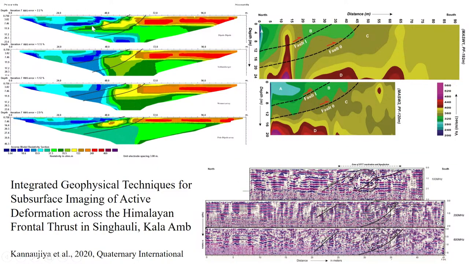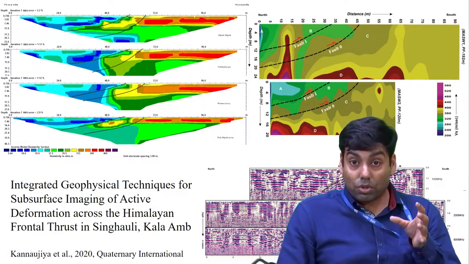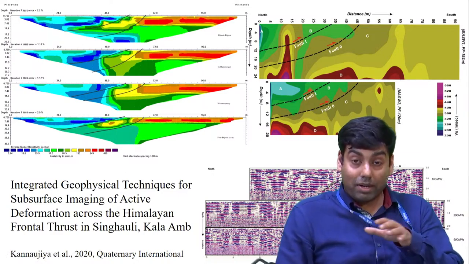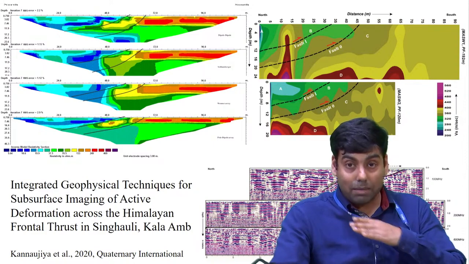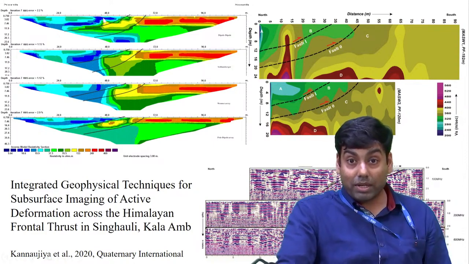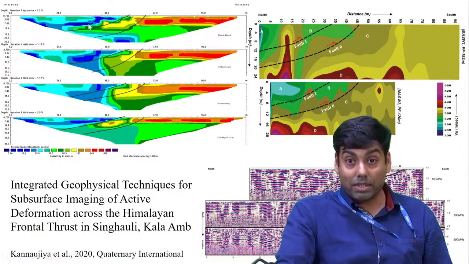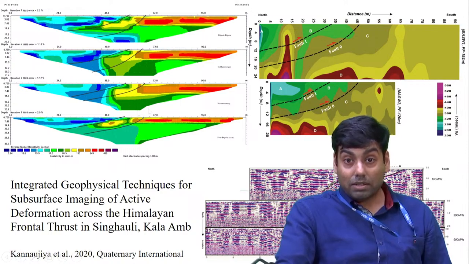So clearly it is detecting the sharp contrast in the resistivity, that is the fault, and its thickness means the fault zone. You know a fault is not a line, it's not a single plane, it has a zone. So you can clearly see that some zone is there, and a sudden change.